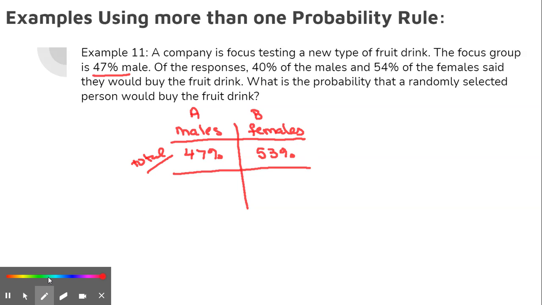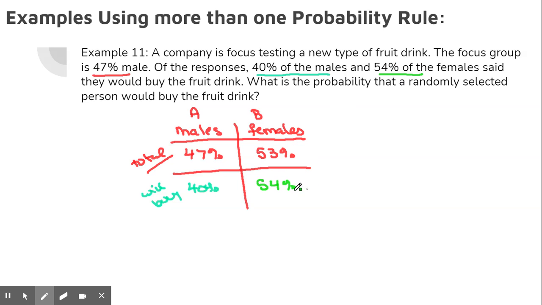And then we know that 40% of the males said they'll buy it. And then we have 54% of the females are going to buy it. So just like we did before, if we randomly select someone and determine whether they are going to buy it or not, we're going to multiply.